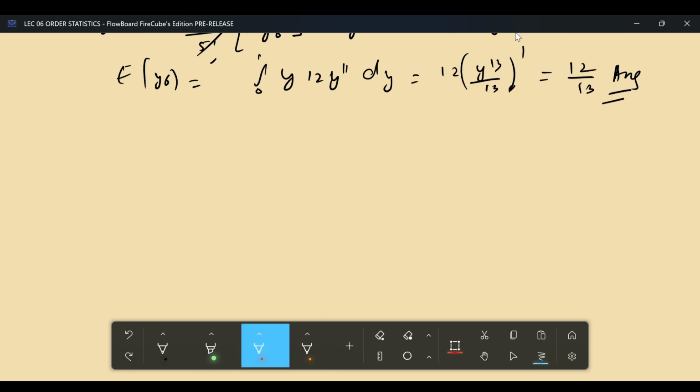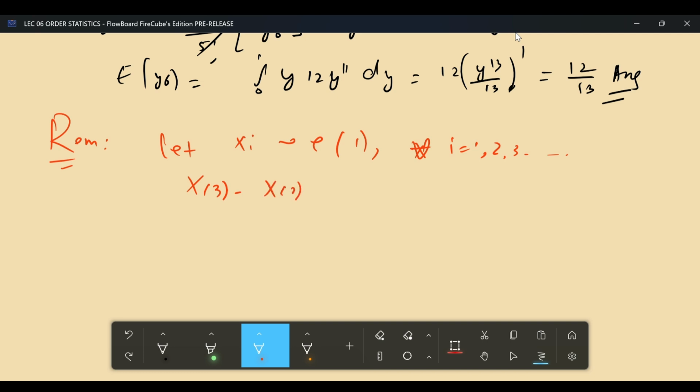Now remember, some things are to be remembered only. So let xi follow exponential 1, for all i equal to 1, 2, 3 and so on. Then x3 minus x2, the difference, will follow which distribution? And remember, x3 and x3 minus x2 are independent.